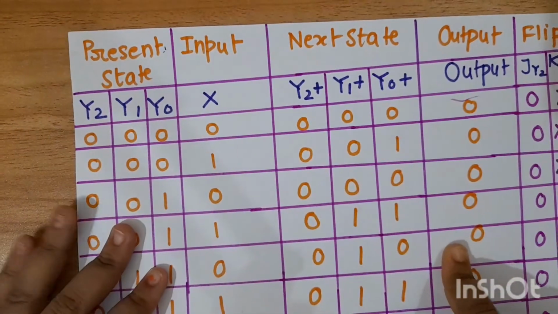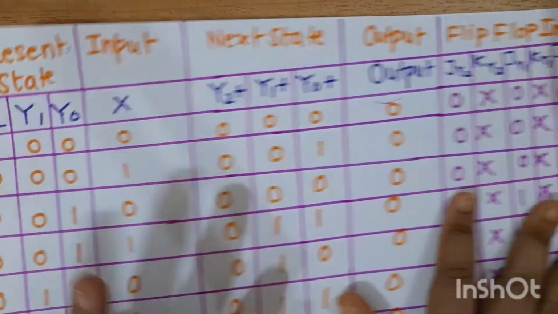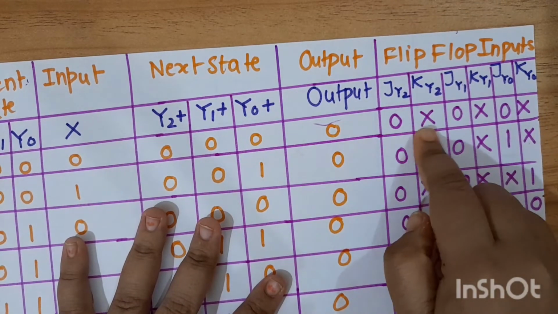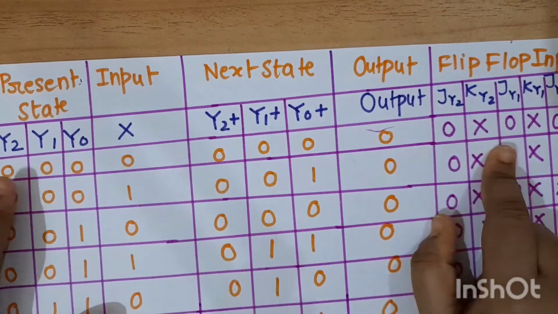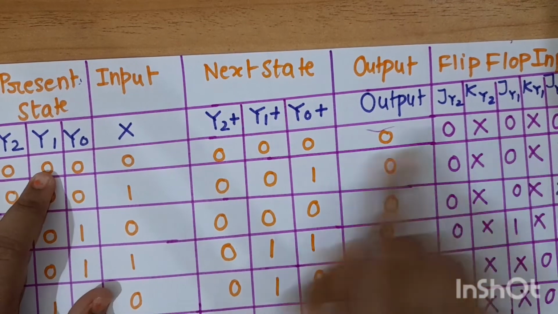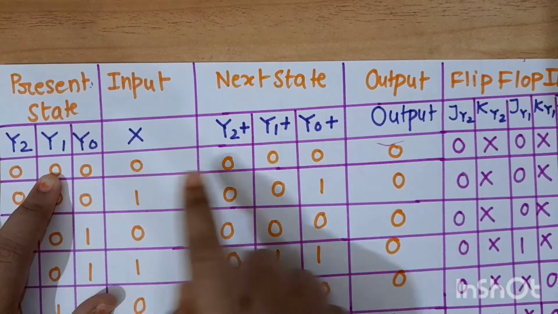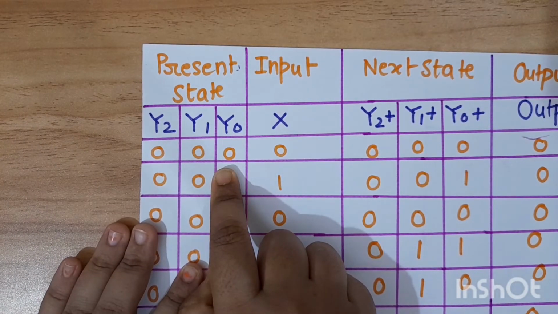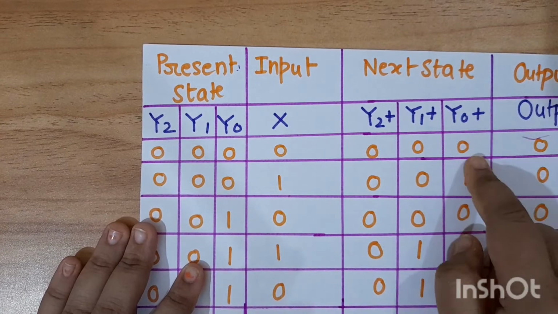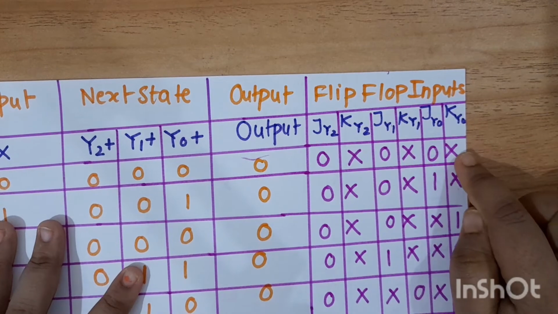Now, based upon the present state y2 and next state y2+, I am writing the inputs of J y2 and K y2, that is 0x. For 0, 0 of y1 and y1+, J y1 and K y1 is 0x. For y0, 0 and y0+ is 0, J y0 is 0 and K y0 is x.